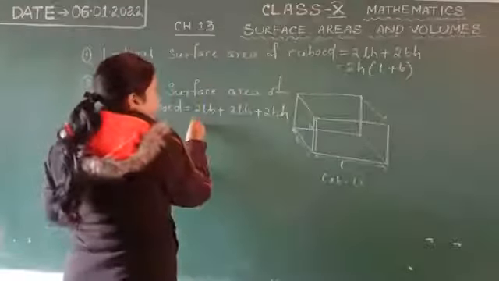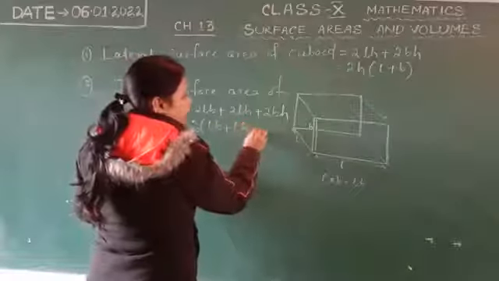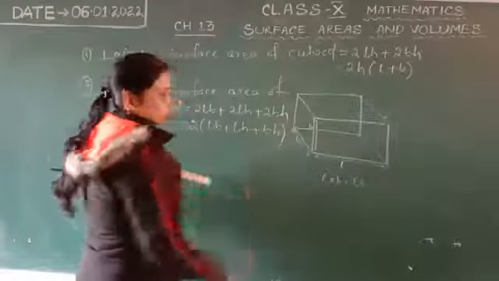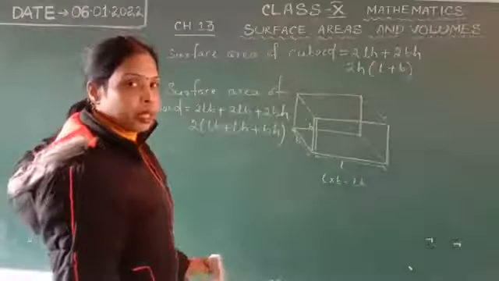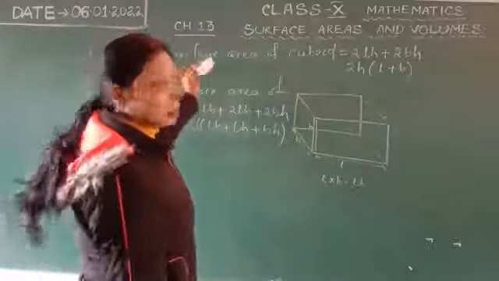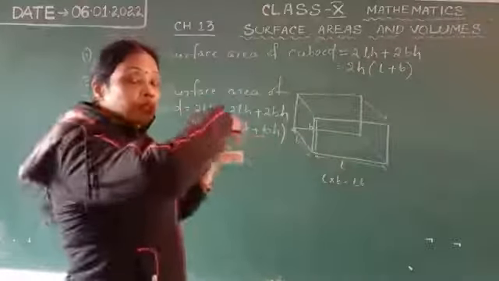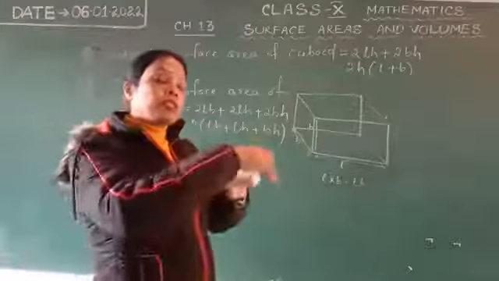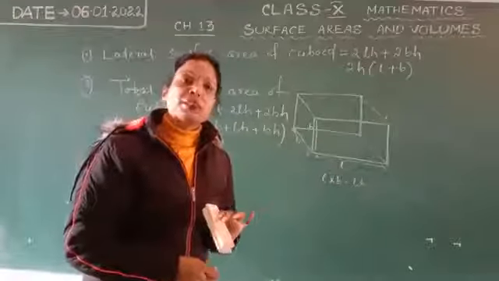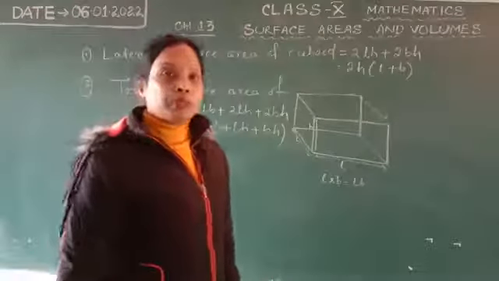So we take common 2, so 2 into LB plus LH plus BH. These are the surface areas of a cuboid. First one is the lateral surface area, where we find the 4 side faces' areas, and in total surface area, the area of all the 6 faces.